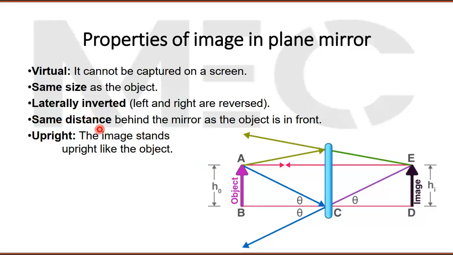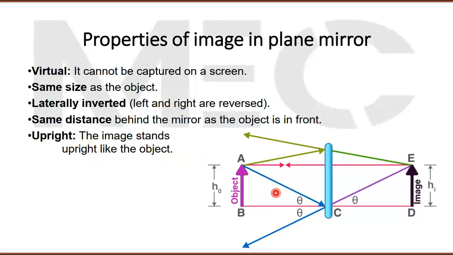Same distance behind the mirror as the object in front. So for example, this distance BC is equal to distance CD. So the distance of object to mirror is equal to the distance of image to the mirror. Equidistant. Upright. The image stands upright like the object.